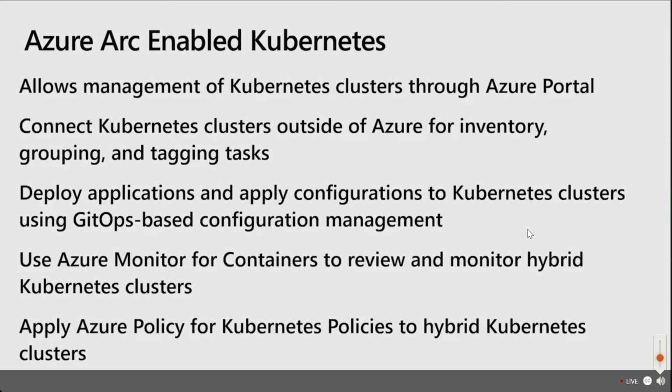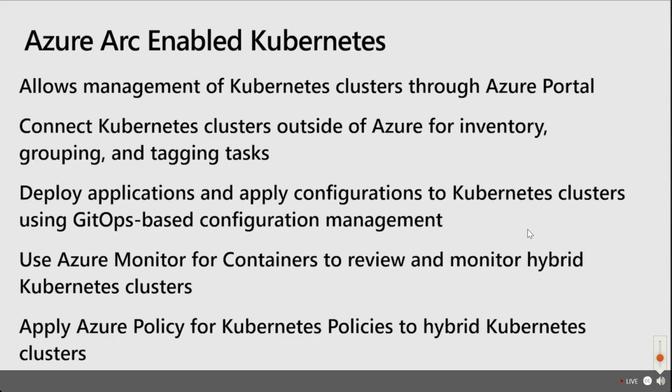So what Azure Arc-enabled Kubernetes does is, instead of installing a Linux head node to run your Windows Server containers, it allows the management of Kubernetes running on-prem through the Azure portal. So it's a lot simpler because you're just running Kubernetes through Azure being your control node, rather than doing it through basically hand-built Kubernetes.